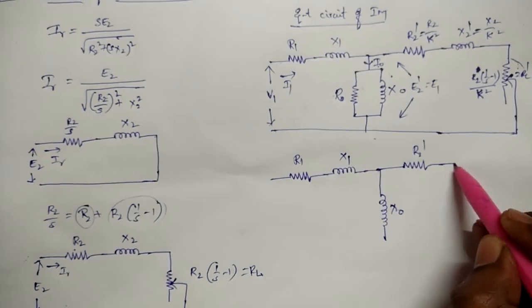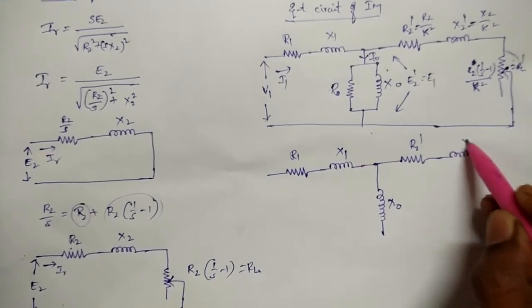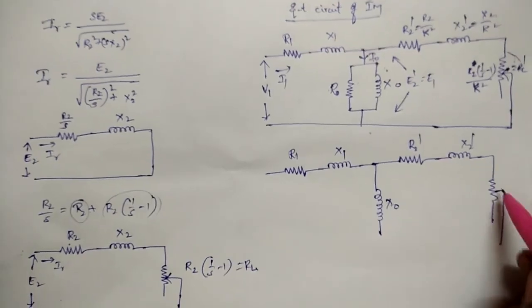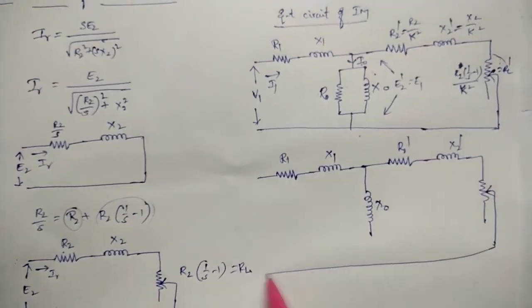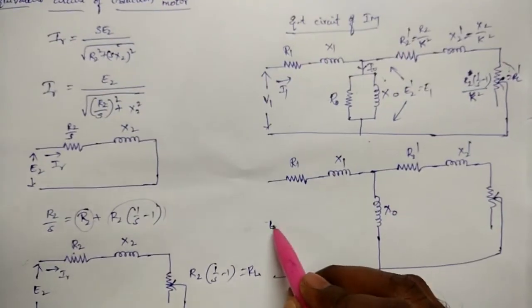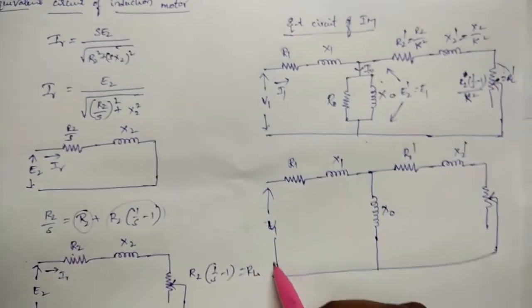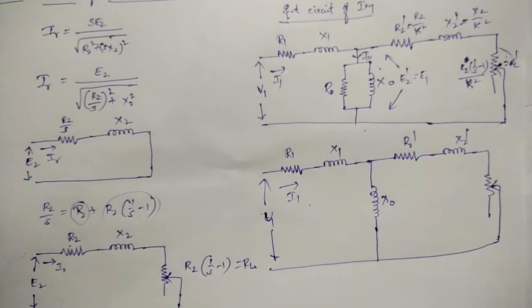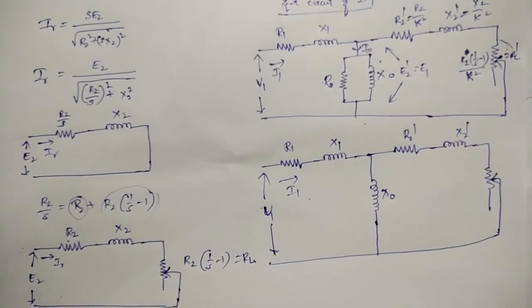This is R2 dash and this is X2 dash. This is the load. This is V1 and this is I1. So this is the final equivalent circuit of the induction motor. Okay, thank you.